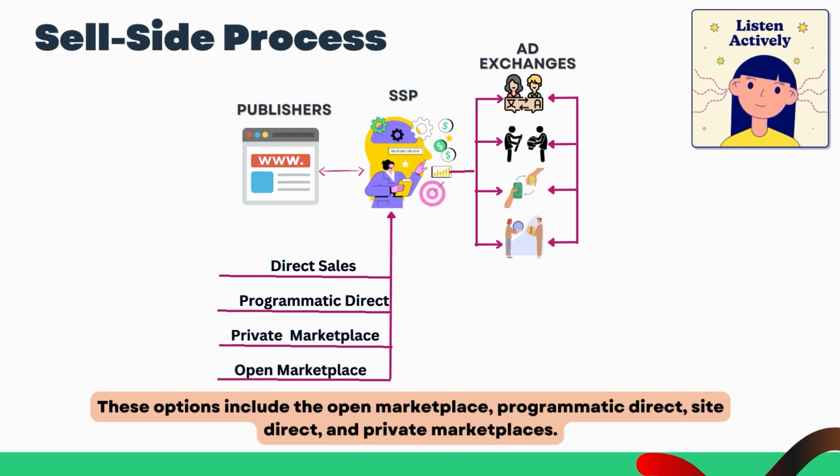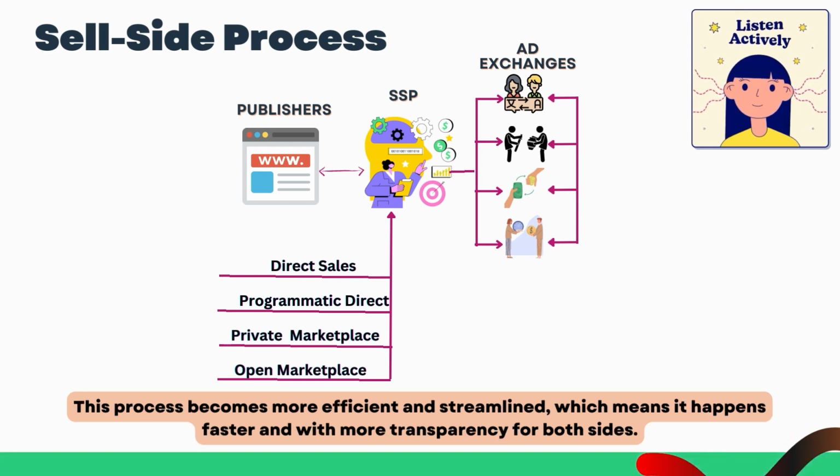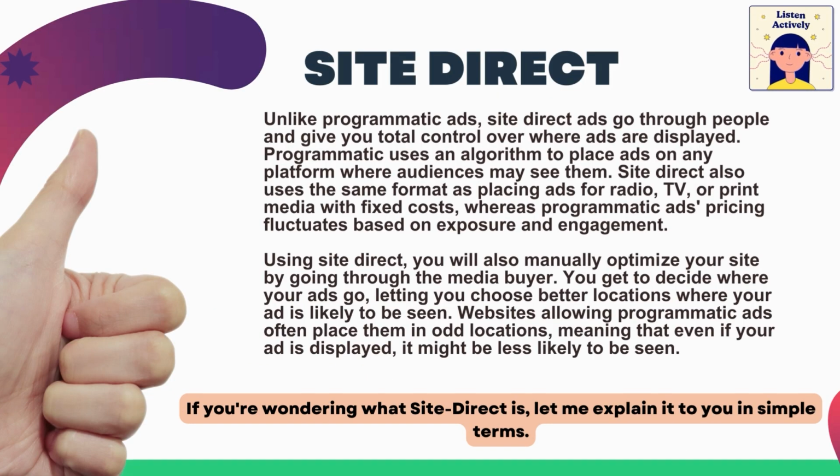These options include the open marketplace, programmatic direct, site direct, and private marketplaces. In simple terms, the sell side is all about publishers and website owners offering their ad space to advertisers and agencies using various programmatic techniques. This process becomes more efficient and streamlined, which means it happens faster and with more transparency for both sides.